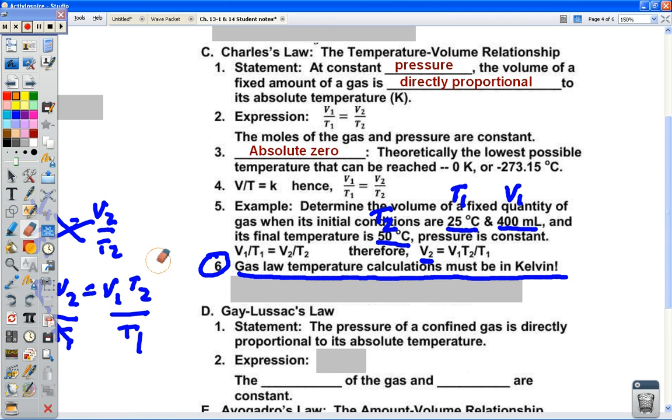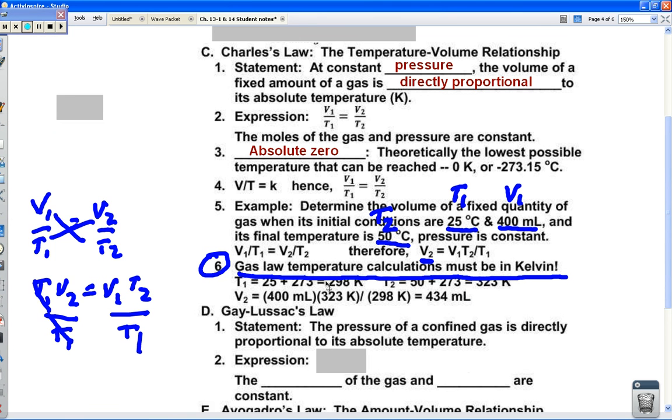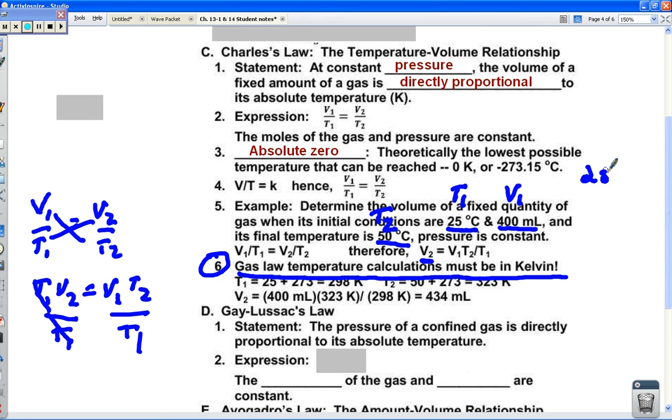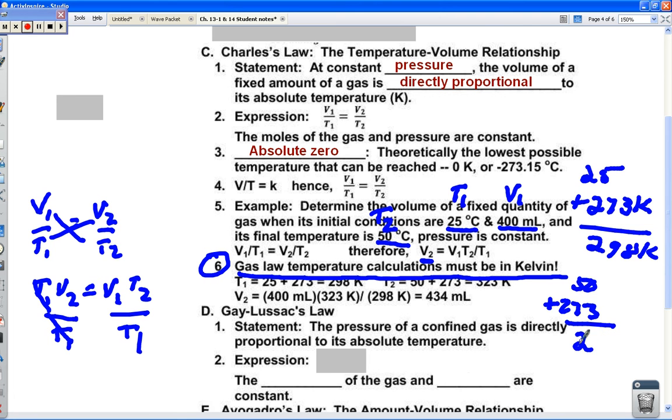We have to convert them to Kelvin. 25 degrees Celsius is going to be 25 plus 273 Kelvin, which equals 298 Kelvin. 50 plus 273 is going to equal 323 Kelvin.